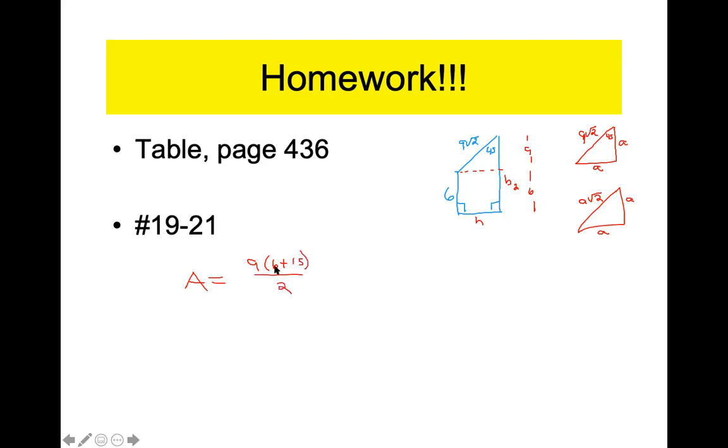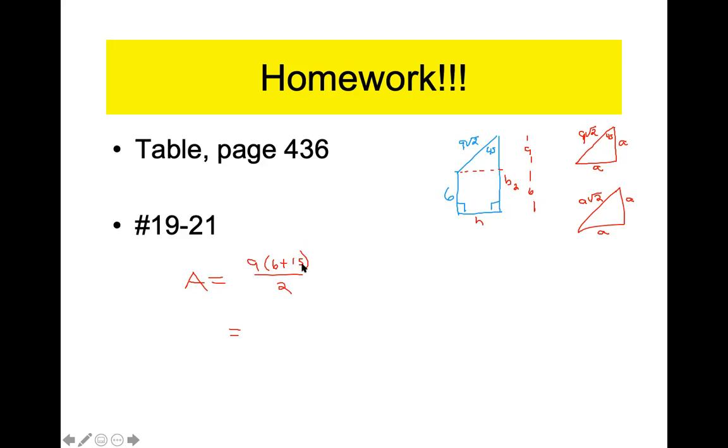So 6 and 15 is 21, multiplied by 9, I'm sorry. 6 plus 15 is 21.